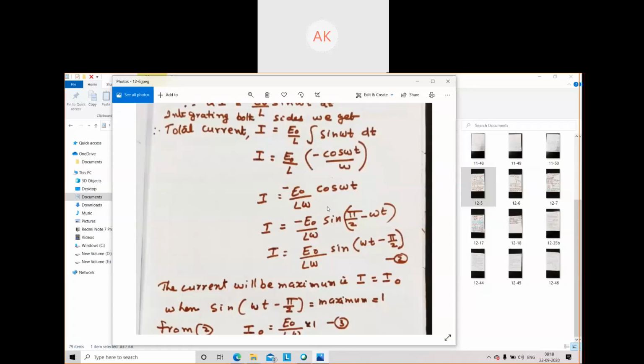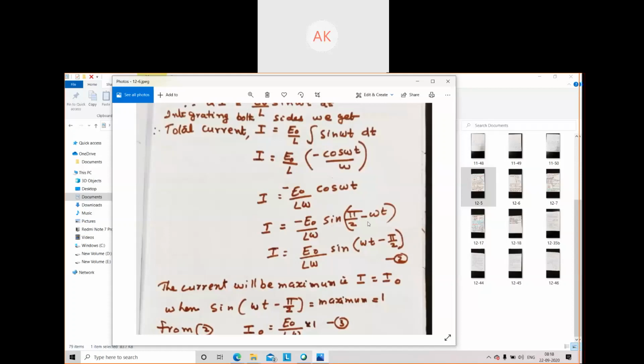With the omega t, what you are adding, what you are subtracting, that is the phase difference. So in order to find the phase relationship, we have to express current also in sin form. So that's why the cos formula is changed. Actually, this is the formula for current, but we are expressing that in terms of sine. So minus E0 by L omega sine, minus equation.